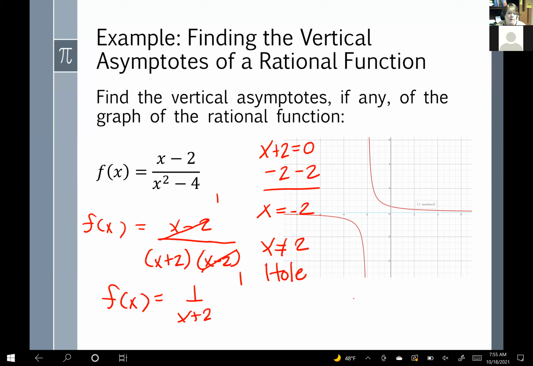So there's a vertical asymptote where your denominator is equal to 0. There's a hole when you set the factor that you cancel equal to 0. So since I canceled the x -2, if I set that equal to 0, I get x cannot equal +2.